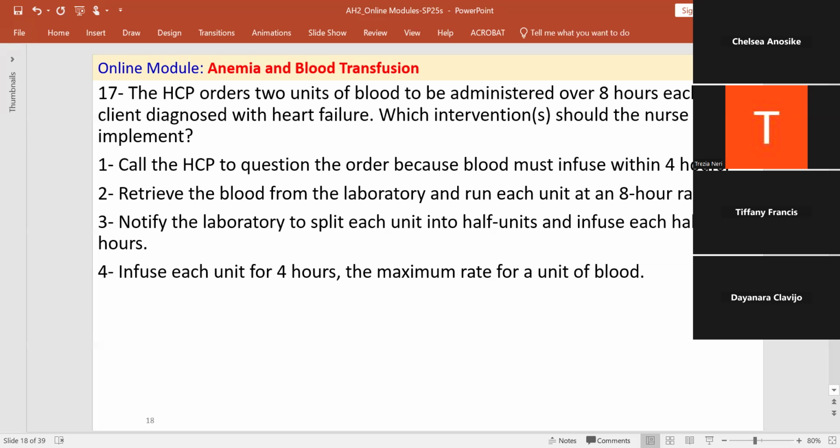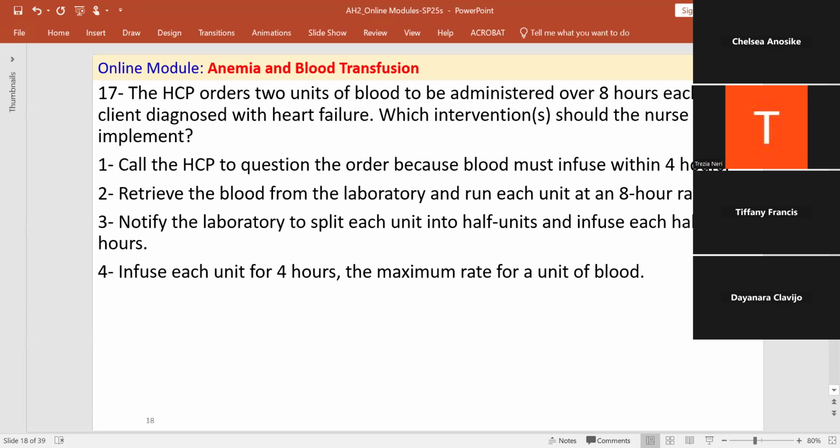Given that we have a specific order already written from the prescriber, the healthcare provider, we can then discuss it with the lab staff about the mechanism and the tactics of what would be the best and safest way to administer this blood transfusion for this patient.